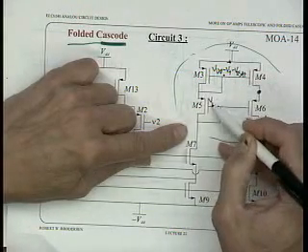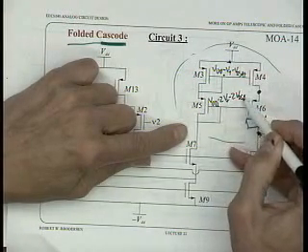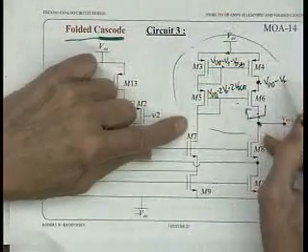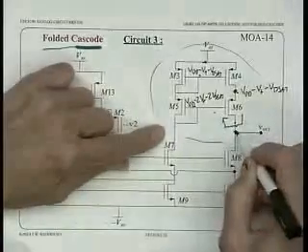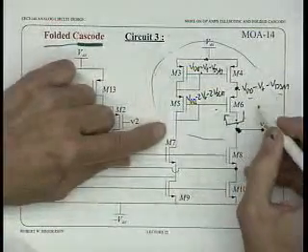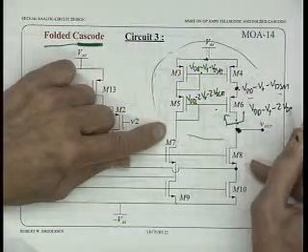This is down VDD minus 2 VT minus 2 VDSAT. This goes up, so this is at VDD minus VT minus VDSAT. So this voltage here has to stay one VDSAT below this voltage. So the maximum voltage it can be is VDD minus VT minus 2 VDSAT.